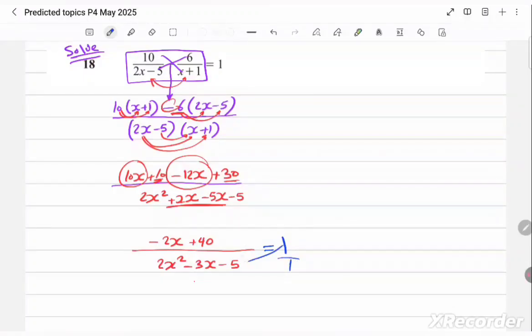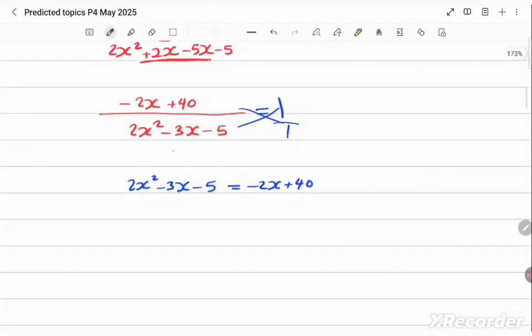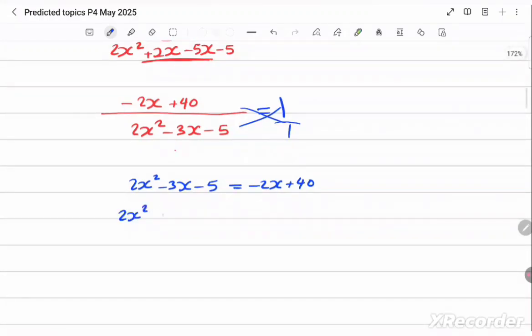Now let's do cross multiplication again. So 2x squared minus 3x minus 5 equals negative 2x plus 40. Let's put all of them on one side. So 2x squared minus 3x plus 2x, negative 5, negative 40 equals 0.